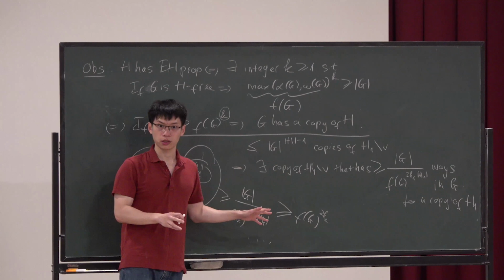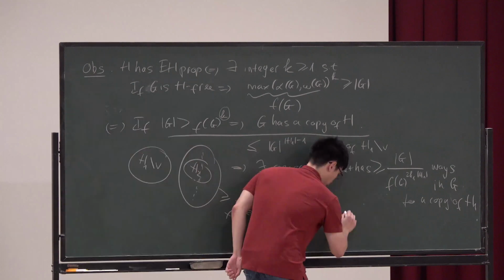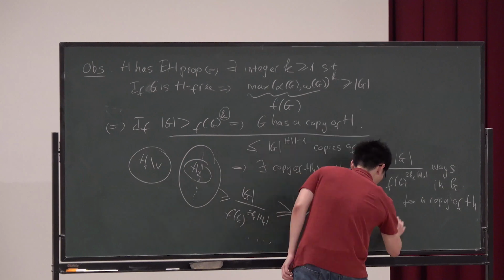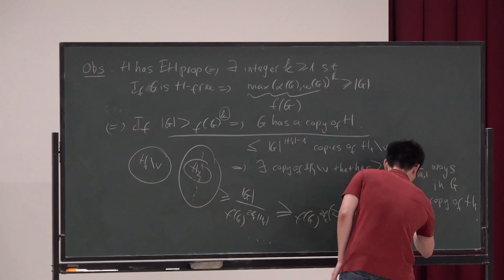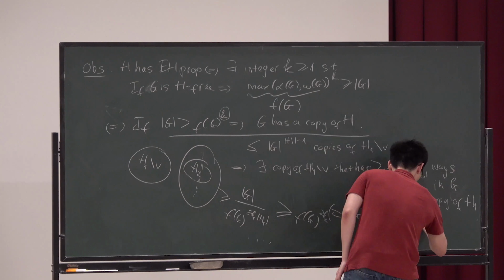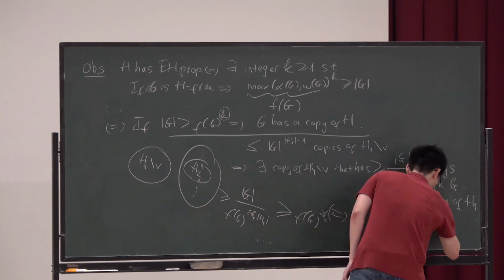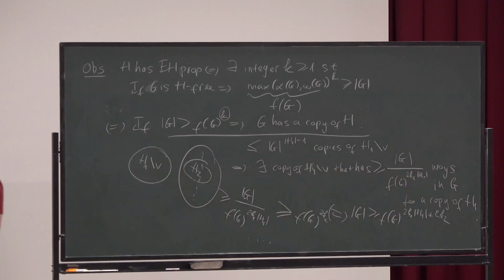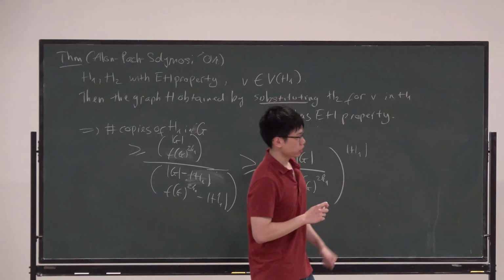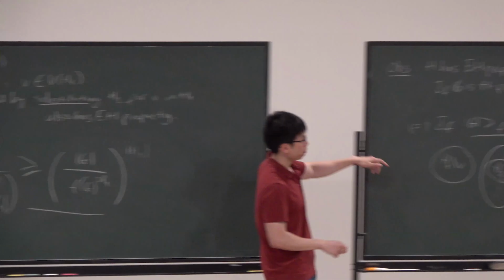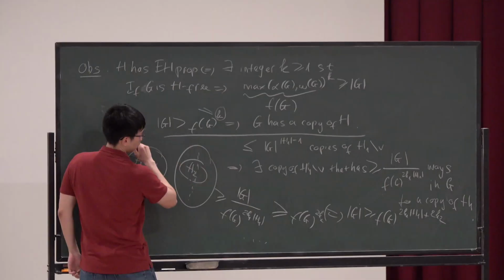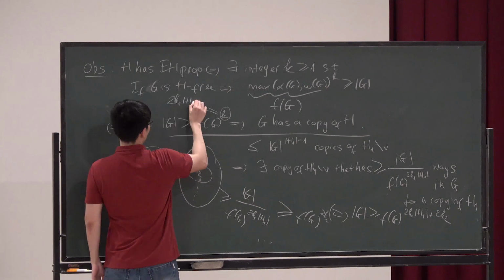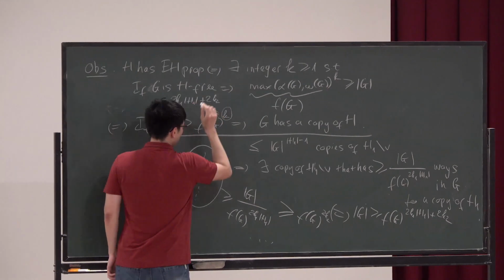So this is equivalent to |G| being at least |G| raised to the power of 2k1 times the number of vertices of H1 plus 2k2. So finally, the number k here is going to be 2 times k1 times |H1| plus 2k2. This is basically it.